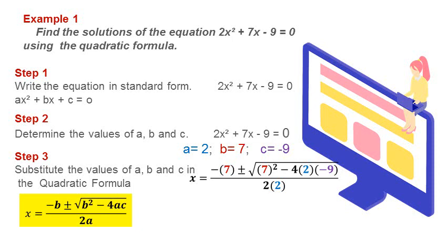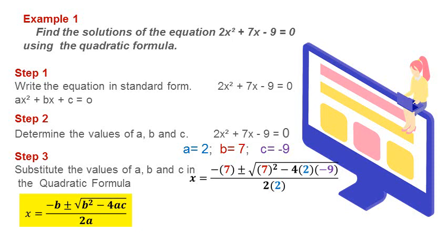Here is example 1. So find the solution of the equation 2x squared plus 7x minus 9 equals 0 using the quadratic formula. So we have step 1. Write the equation in standard form. Ax squared plus bx plus c equals 0.